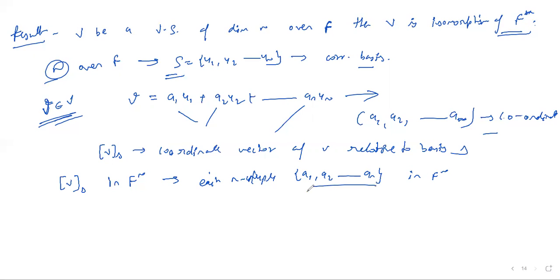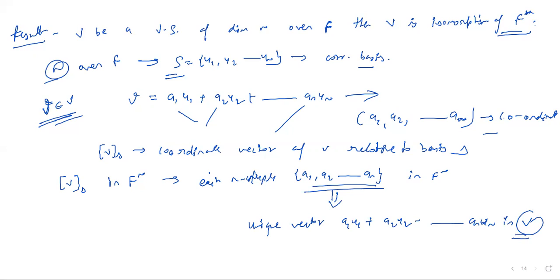If we take every n-tuple coordinate vector, this will give us a unique vector a1 u1 plus a2 u2 up to an un in the vector space V. So the basis S induces a one-to-one correspondence, because for every different n-tuple we get a different vector.